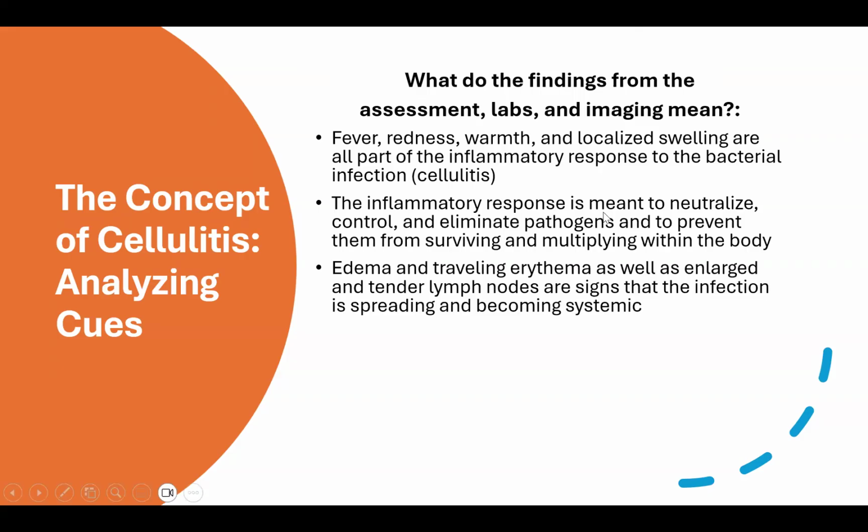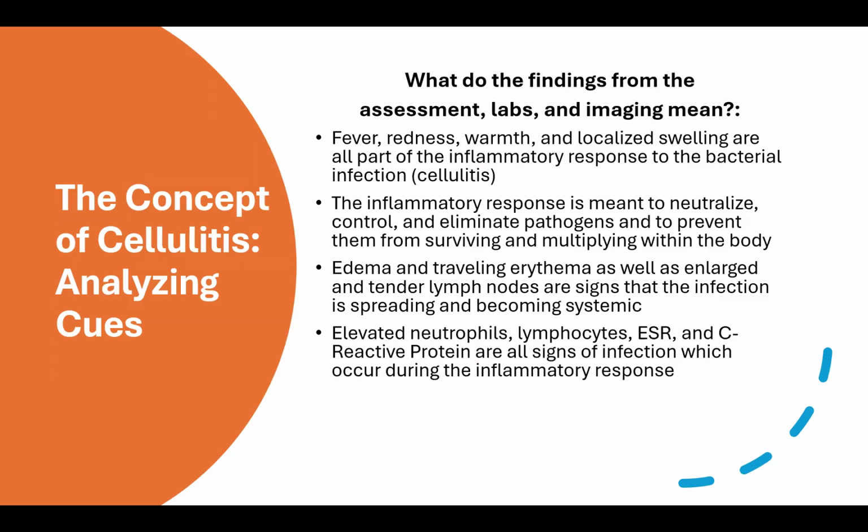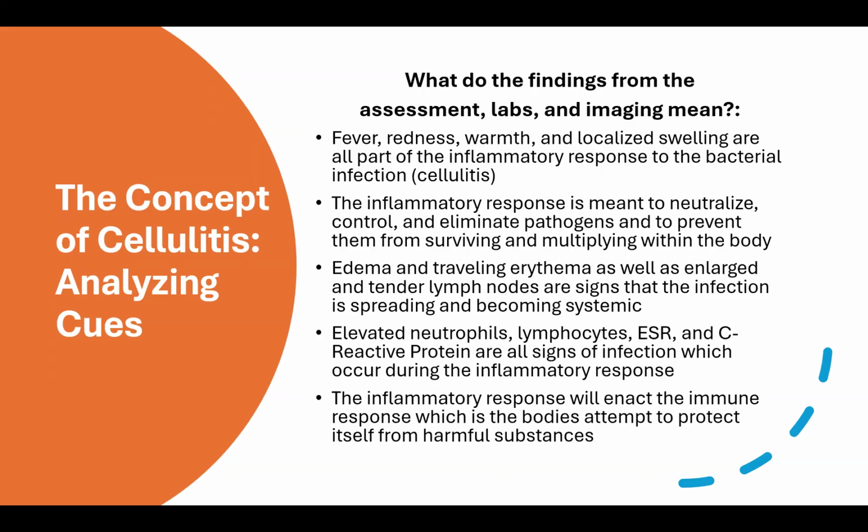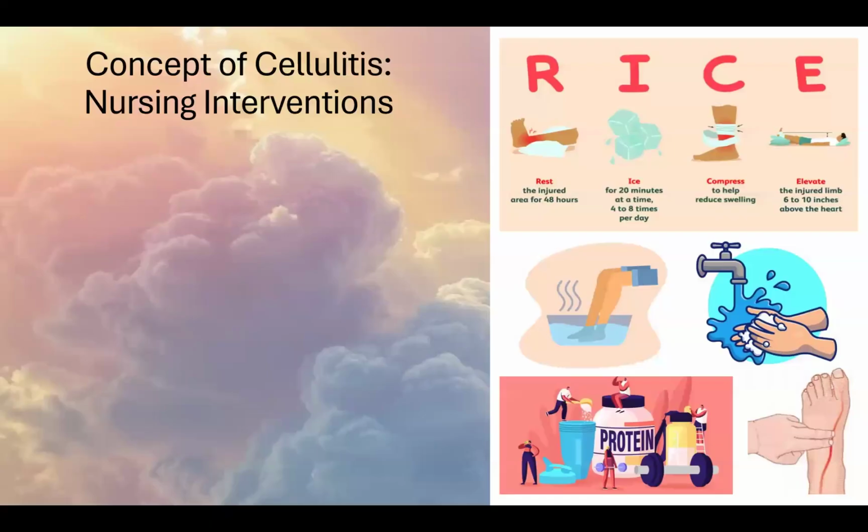Edema and erythema, as well as enlarged and tender lymph nodes, are signs that the infection is spreading and has become systemic. Elevated neutrophils, lymphocytes, ESR, and C-reactive protein are all signs of infection which occur during the inflammatory response. Finally, the inflammatory response will enact the immune response, which is the body's attempt to protect itself from harmful substances.